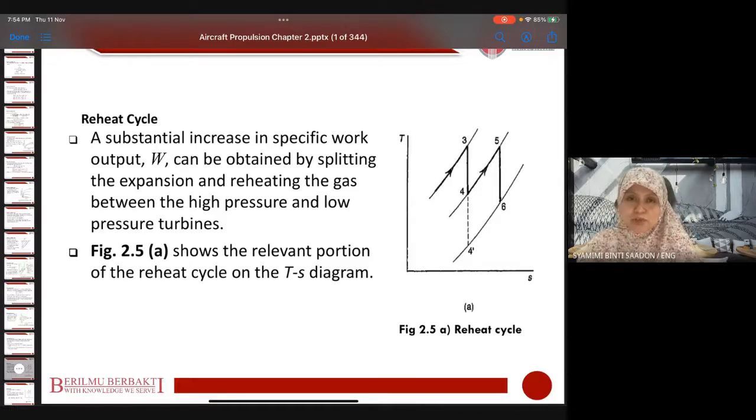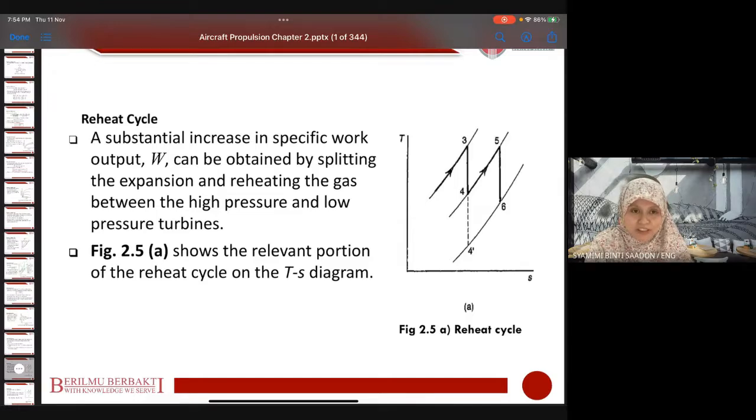The expansion process is split into two, a high pressure turbine and a low pressure turbine, or sometimes it has also medium, 3 stages. We just look at the 2 stages. So we start with high pressure first, the high pressure turbine, 3 to 4.